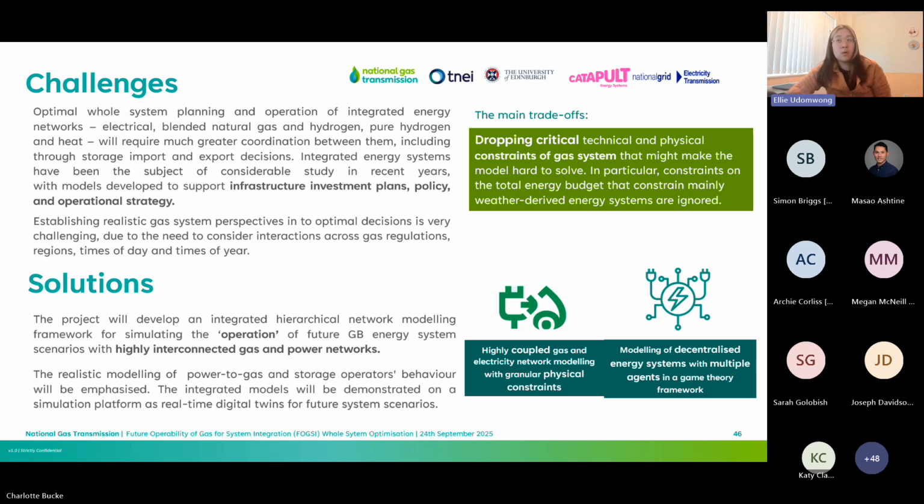There are quite a lot of models being gathered across the hydrogen ecosystem. But in order to prove that each planning scenario is actually realistically operable, that is still a gap out there. So that is some of the challenge.